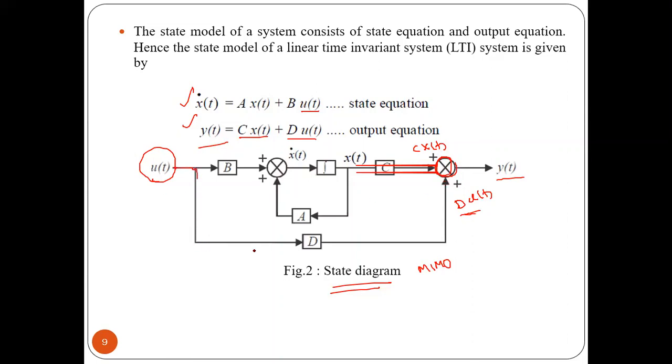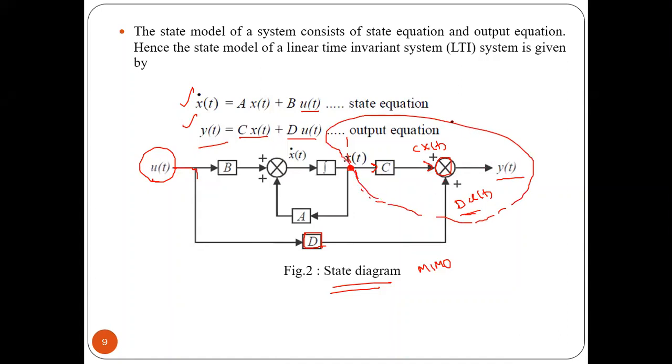If you multiply this with the D matrix, you will get D into u of t. And the second input is the C into x of t. How to get C into x of t? You don't have x of t, but you assume here some x of t is there. So that x of t, if you multiply with C matrix, then you will get C into x of t. So far you got till this point.